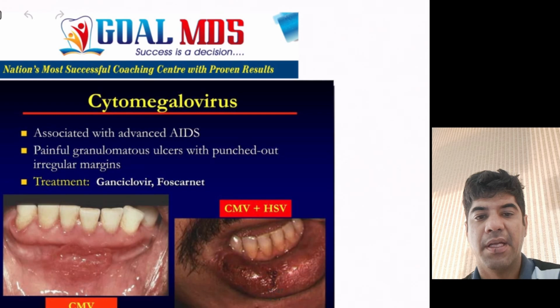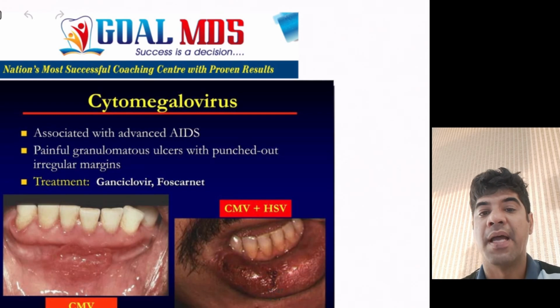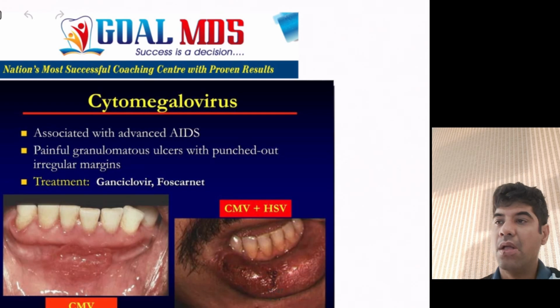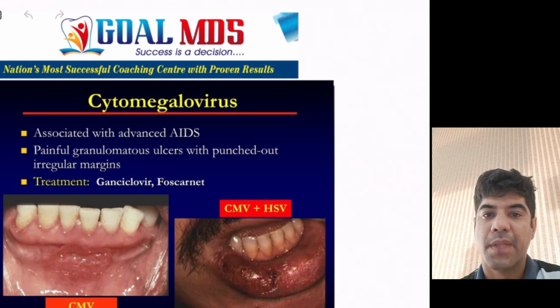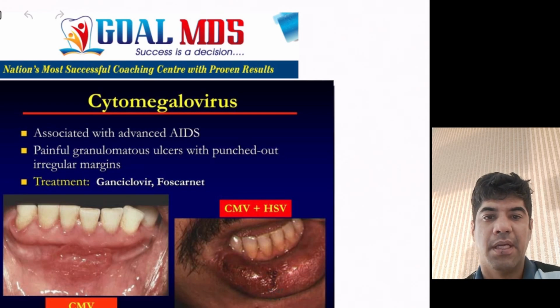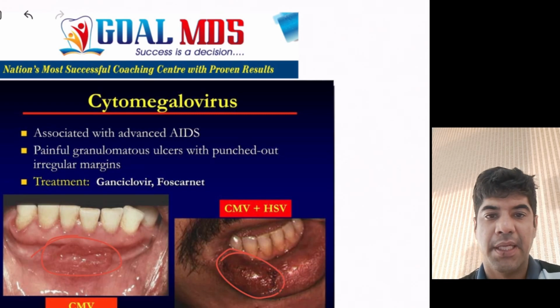The symptoms can range from mild fever to multi-organ involvement, including hepatitis, leukopenia, pneumonitis, gastroenteritis, etc. There could be chronic ulcerations caused by cytomegalovirus in the immunocompromised patient. These are the chronic ulcerations associated with patients with AIDS.